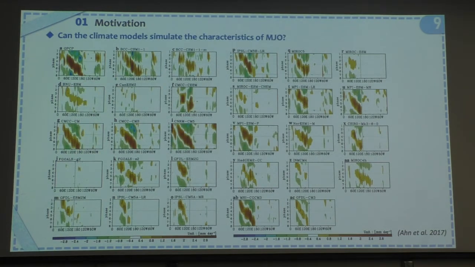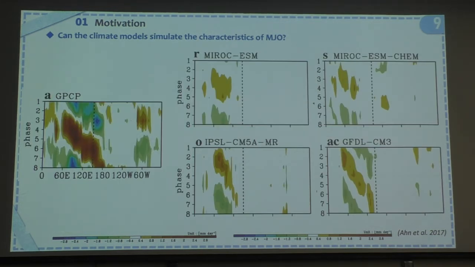The shading is precipitation anomaly, and here are the observed precipitation and the other CMIP5 models. We can see that, for example, this model shows weak precipitation, and the signal can't propagate eastward into the Western Pacific compared with the observation.